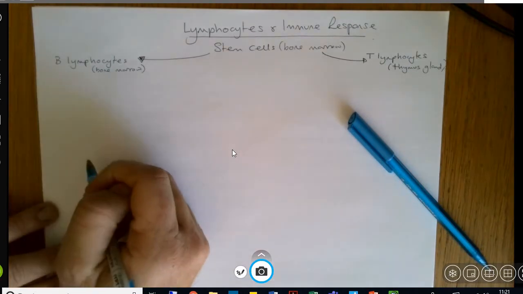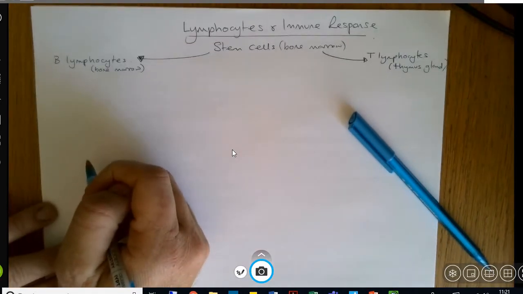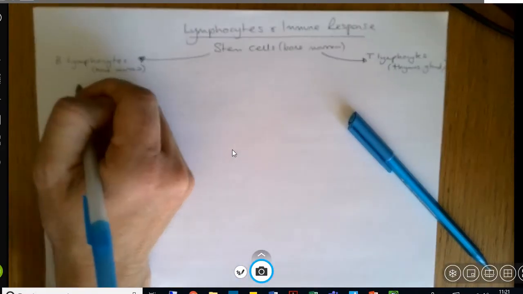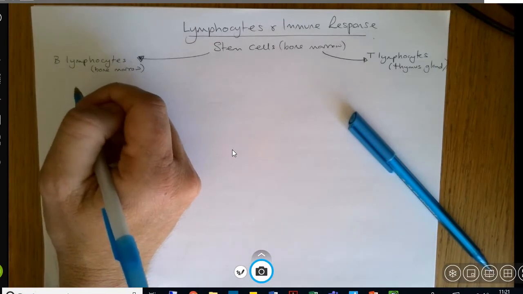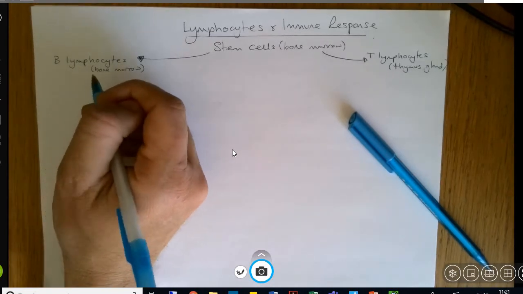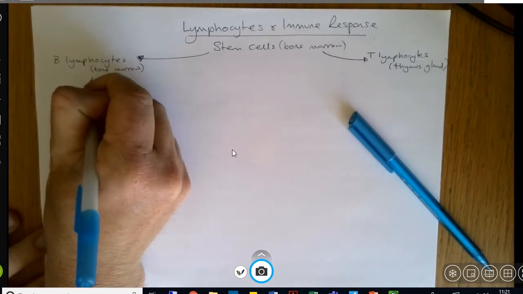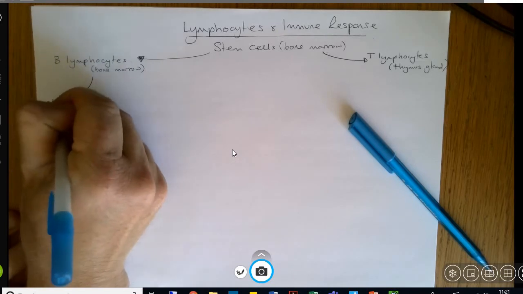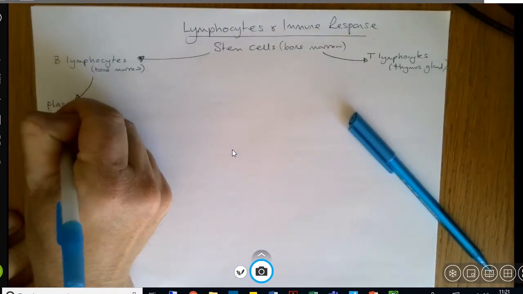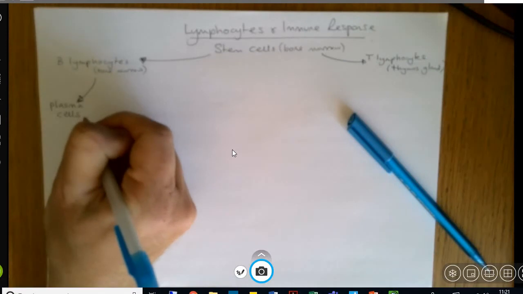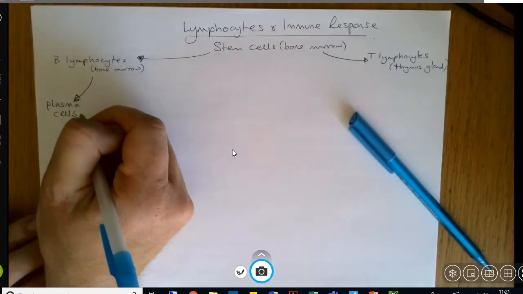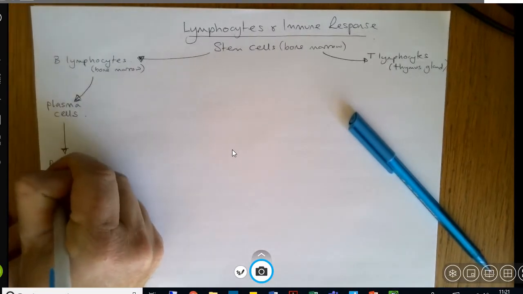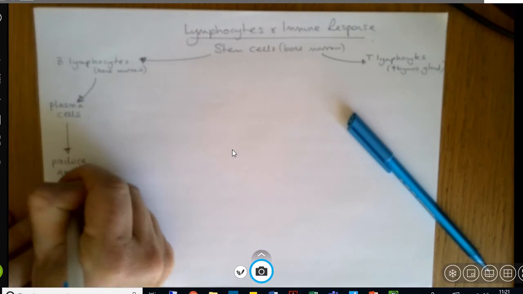Okay, let's focus on the B lymphocytes to start with. There are two main types really, I suppose we can say, and they consist primarily of plasma cells, which are those cells that produce antibodies.